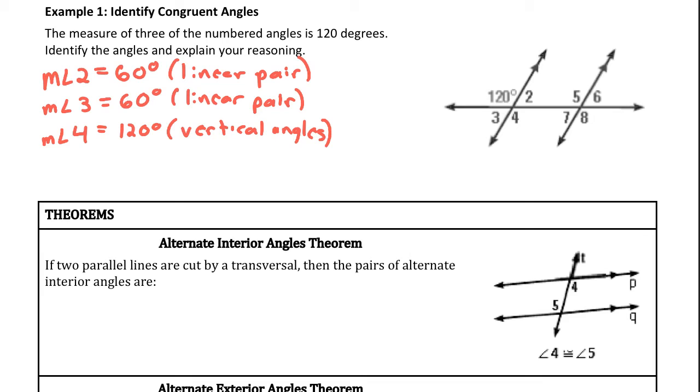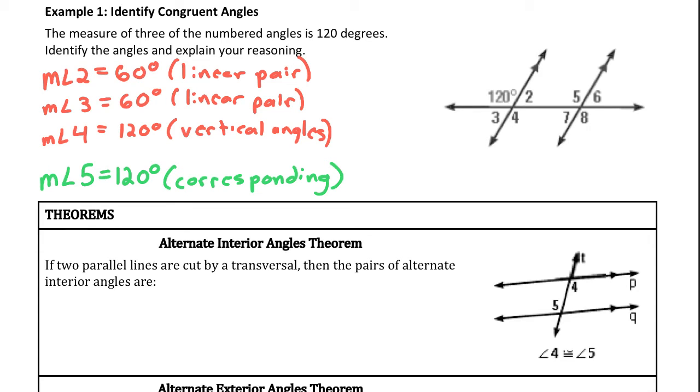So next, for the rest of the angles, I'm just going to use a different color. I know from that property we just talked about that the measure of angle 5 is 120 degrees, and that is because it is corresponding with the given angle. That is the reason why.